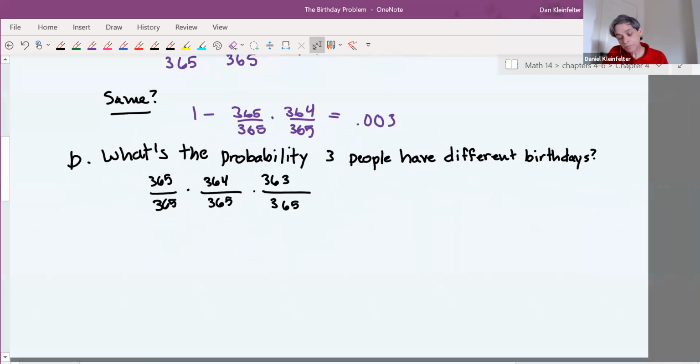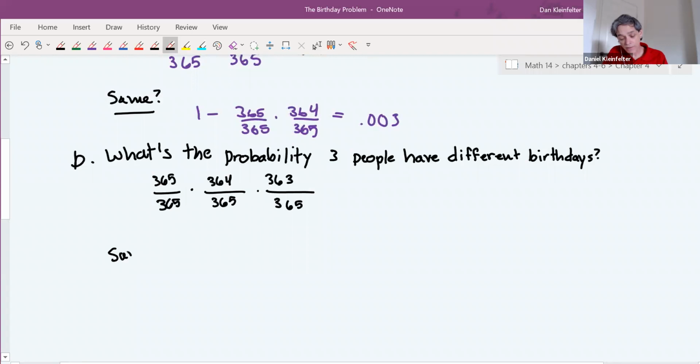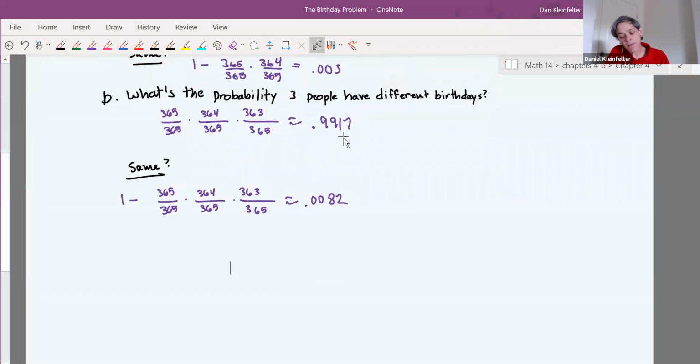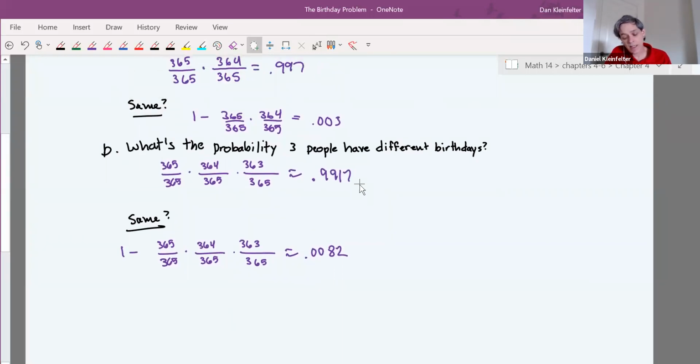If we want to calculate the probability that it's the same, that's going to be 1 minus this answer. So let me calculate that for us. For three different people, it's about 0.9917 that they have different birthdays, and then about 0.0082 that there's two birthdays in common among three people. That's still under a 1% chance.